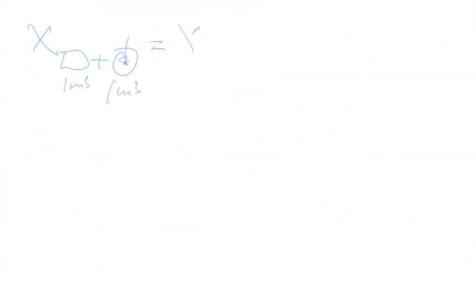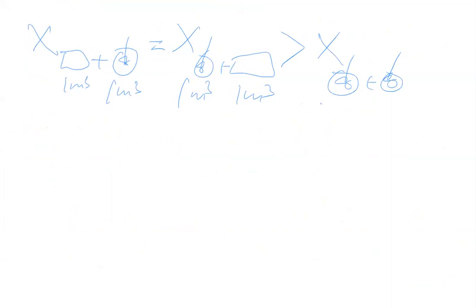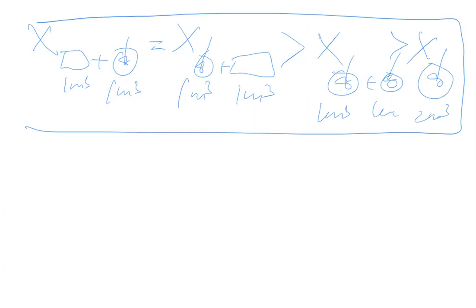This should be equal to conversion of a CSTR followed by a PFR, 1 meter cube, 1 meter cube. This should be greater than conversion of a CSTR followed by CSTR, 1 meter cube, 1 meter cube. This should be greater than a 2 meter cube CSTR. This is the order of all the systems: this is equal, this is greater than, this is greater than.